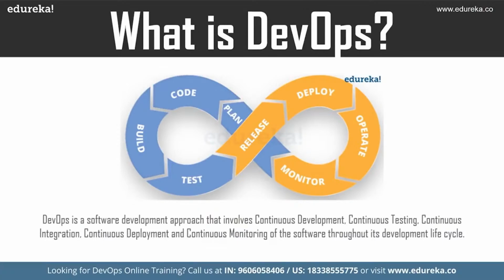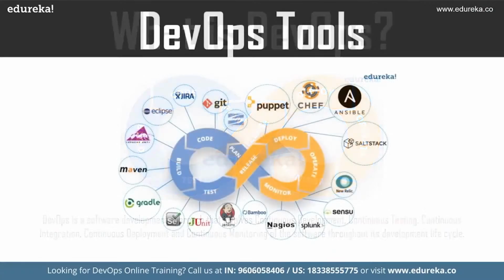So this was a quick definition of DevOps. Now, if you talk about the tools that are used in DevOps, the first are for source code management, or you can even say version control systems, and these tools are Git and GitHub. There's one more tool called Jenkins, which is an automation server and which has built-in plugins for developing the CI/CD pipelines.